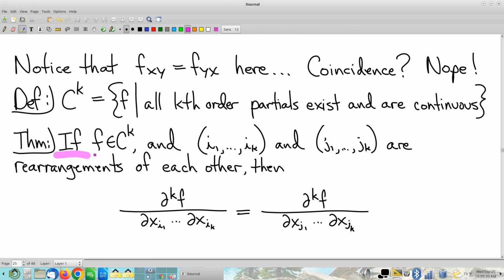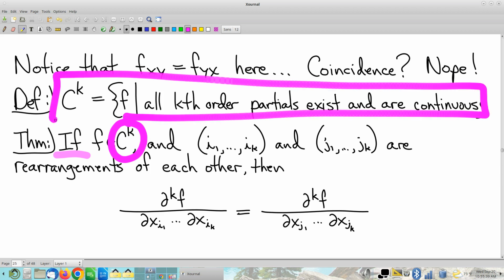The function has to be what we call C^k. C^k is a regularity condition. It means the function's got to be nice in a certain sense. Specifically, the k refers to how high an order of partial derivatives I want to talk about and put a requirement on.